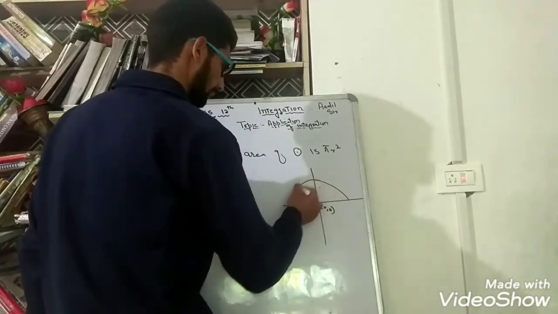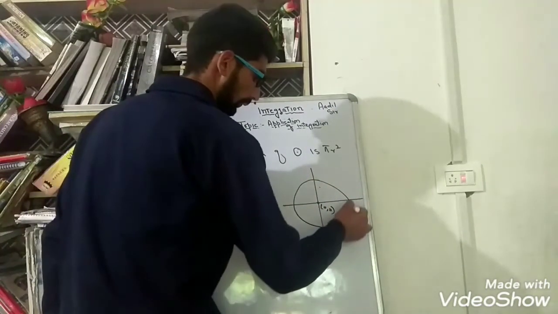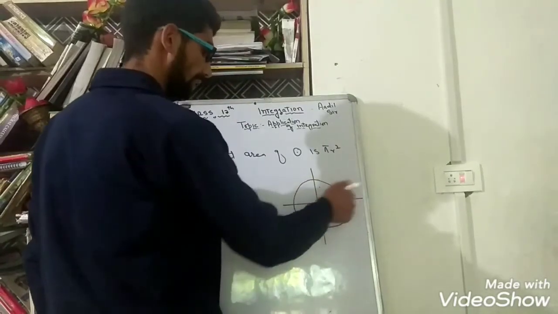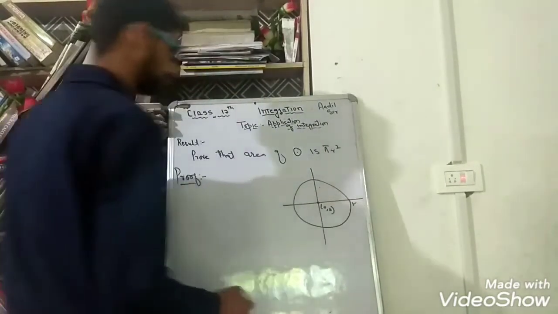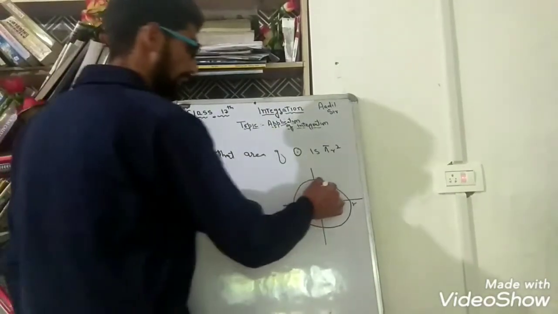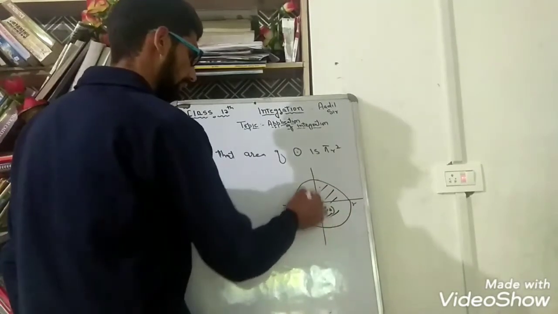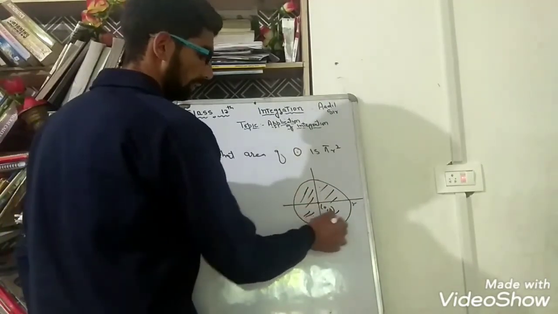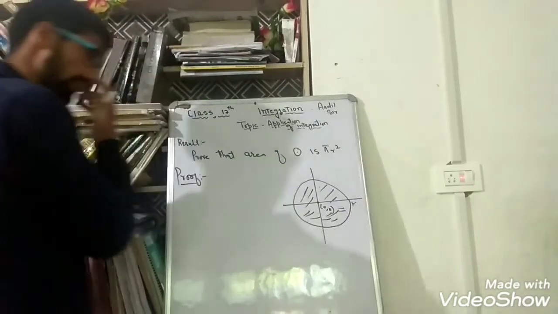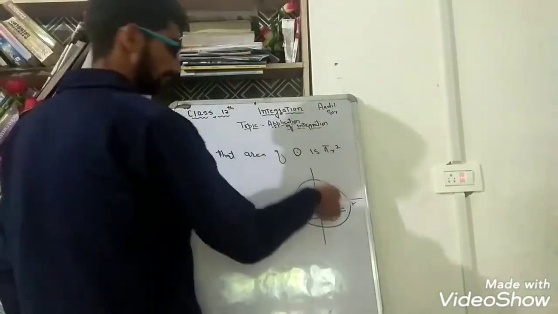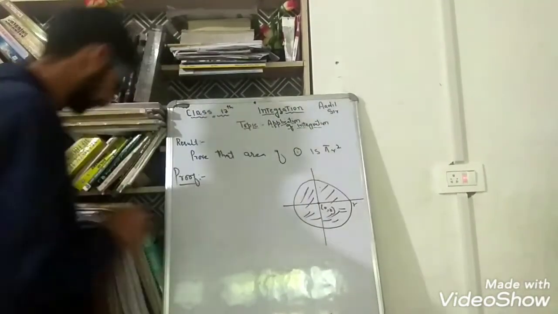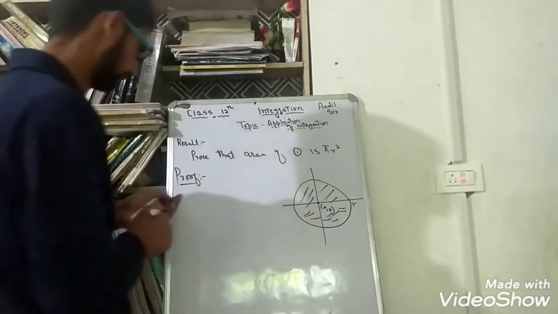For example, this is my circle whose center is the origin and radius is r. And I have to find the area of this circle, or I have to prove that the area of this circle is equal to pi r square. This is a very beautiful result.